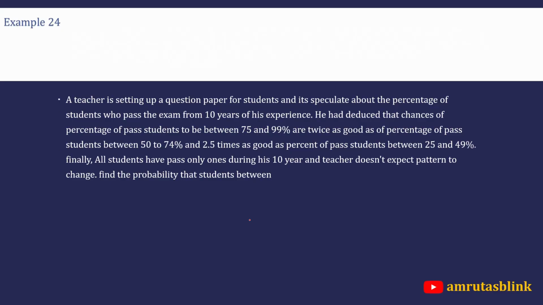Finally, all the students have passed only once during his 10 years, and the teacher doesn't expect the pattern to change. Find the probability for all 4 slabs, that is 0 to 24%, 25 to 49%, 50 to 99% and 100%.